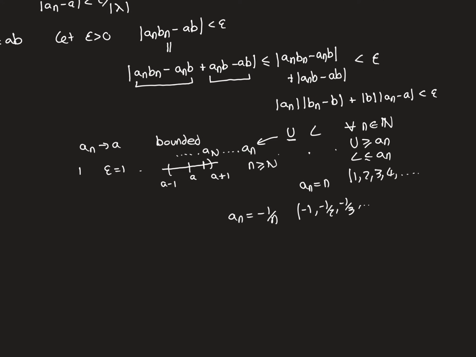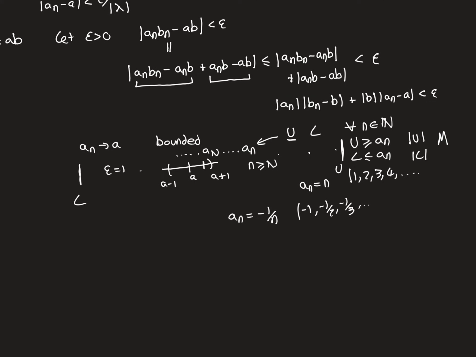So I've got some lower bound here on the picture L, and some upper bound here on the picture. Now, all I then need to do is take the absolute value of u and the absolute value of L and ask which one is bigger. And it might be the case that the lower bound is bigger. It might be negative 100 and the upper bound might be 50, in which case mod of negative 100 is bigger. But one of them will be the maximum, and we'll call that number M.